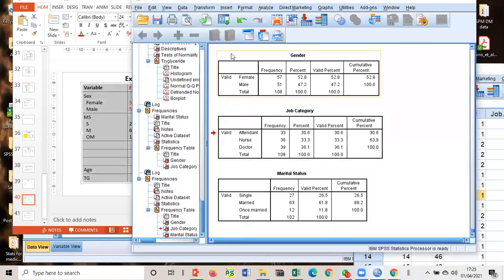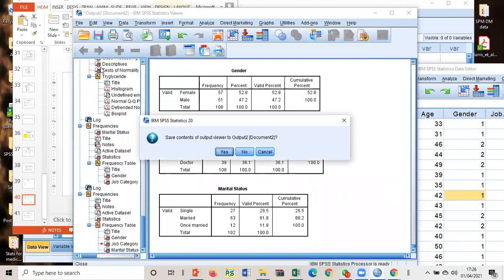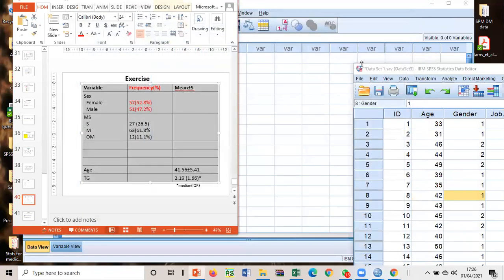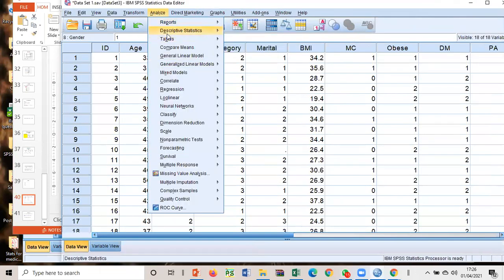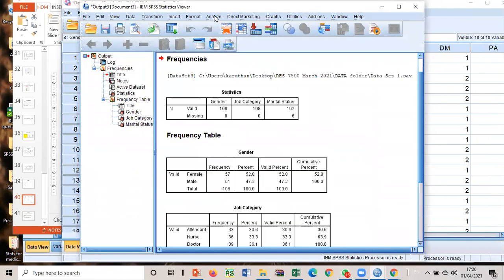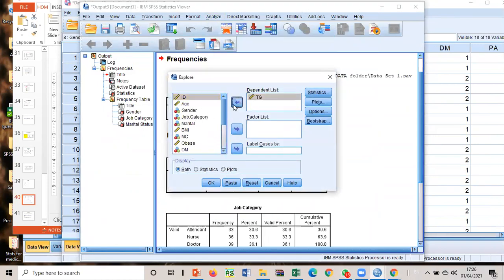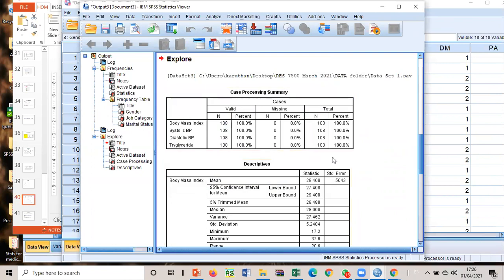For example, in this same case, I may run the frequencies, and maybe for BMI, SBP, DBP, these are quantitative variables.